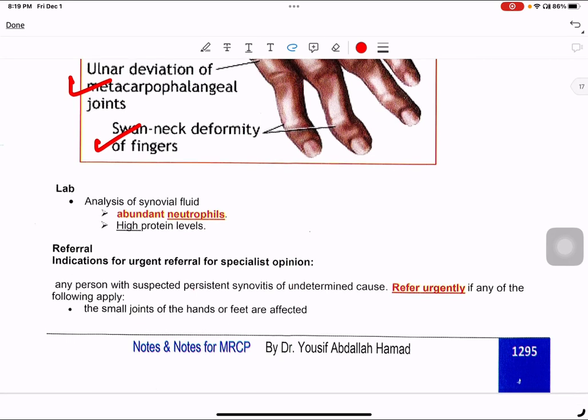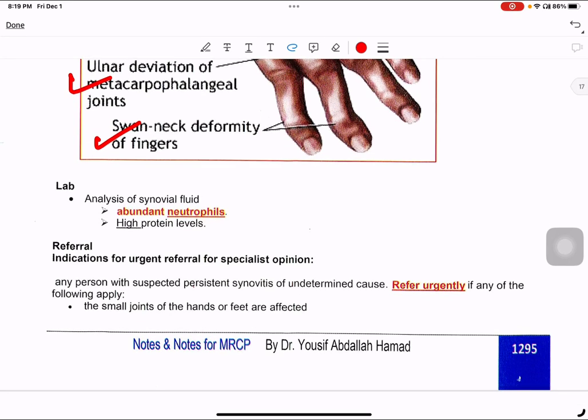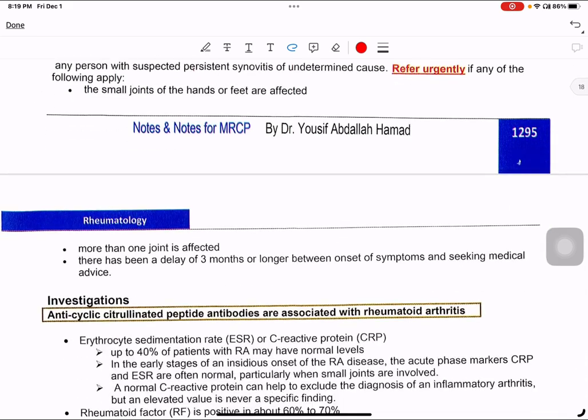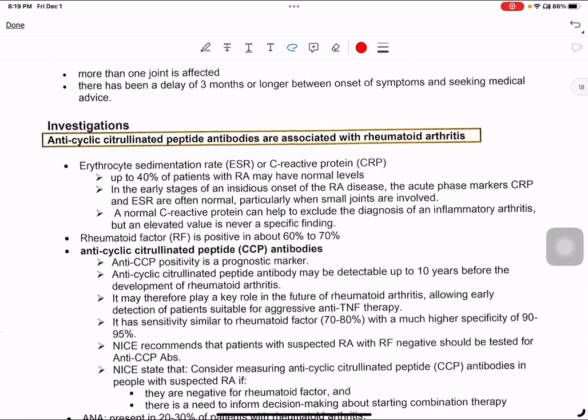If we do the lab test of synovial fluid, we will get abundant neutrophils and high protein level. So in the investigations, ESR and C-reactive protein will be elevated. Up to 40% of patients with rheumatoid arthritis have normal levels of ESR or CRP.